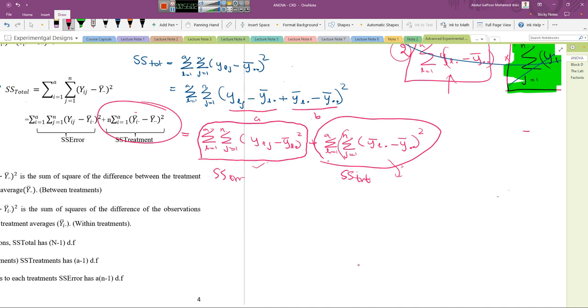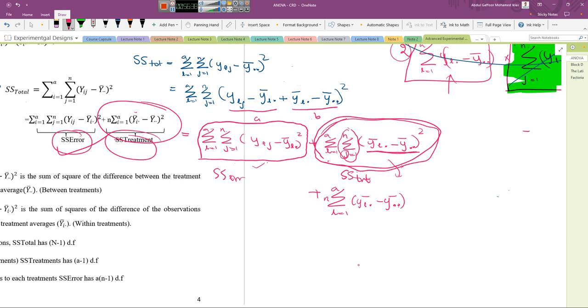For this summation, this is a constant, because here the index is j, but here we do not have any j. So only for this one, summation i equal to 1 to a, n times, that n is a constant, so I can take it out: n into y bar i dot minus y double dot bar. So this is what we have derived here. This is the sum of square error, and this is the sum of square treatment.